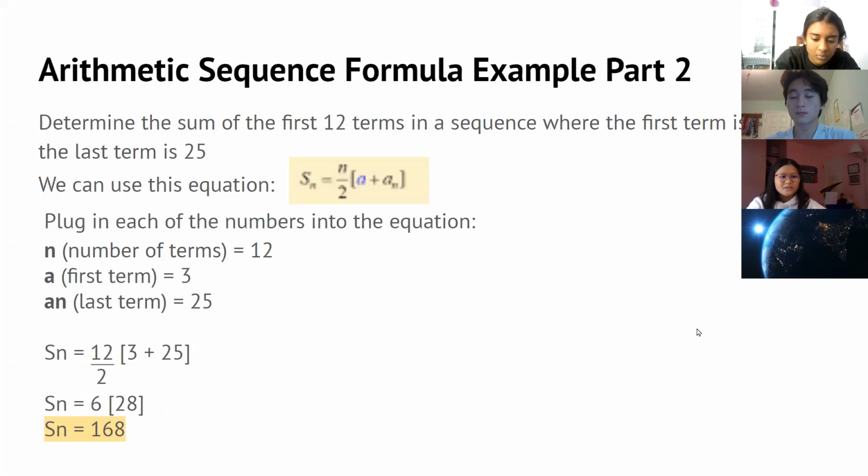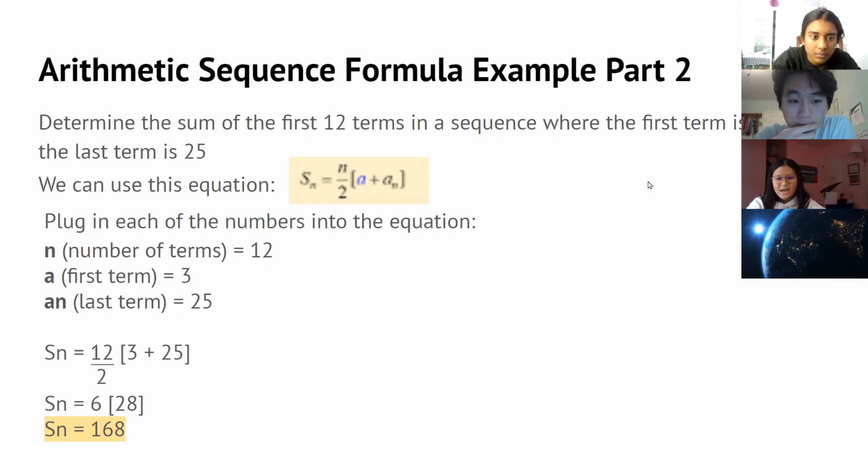Now, let's try to use the second equation. The question is asking, determine the sum of the first 12 terms in a sequence where the first term is 3 and the last term is 25. So we have been given the first term and the last term. We're going to use the second equation, which is n over 2 times (a plus an).